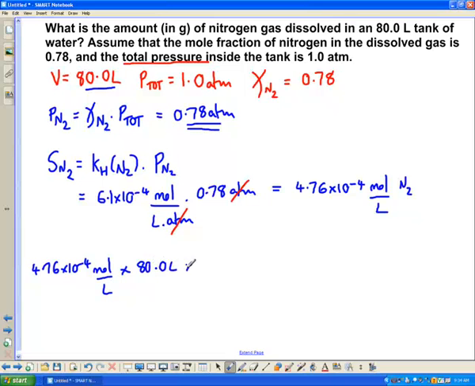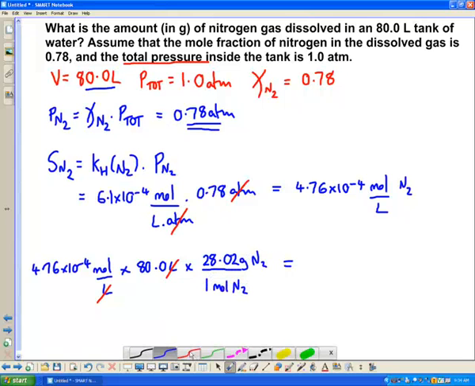But then I want to go from moles to grams. Alright, so if I cancel out these, I have my answer in moles, but I don't want moles, I want grams. So I've got to remember, well, how many grams are in 1 mole of nitrogen? Well, 1 mole of N2 is 2 atoms of nitrogen, so that's 28.02 grams of nitrogen.